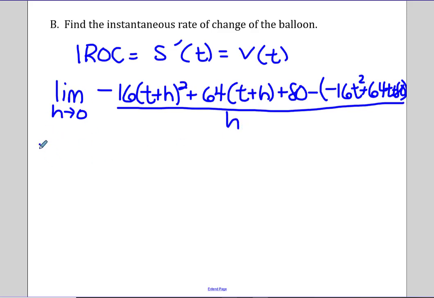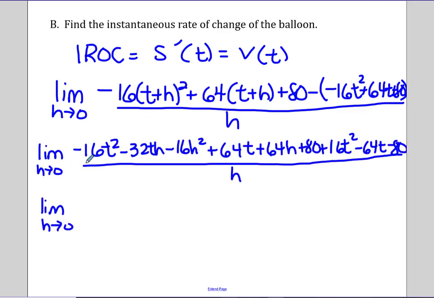So this becomes a little bit of a tedious nightmare. Multiplying and distributing that first statement is going to get rid of the 16t squareds and the 64t and the 80.